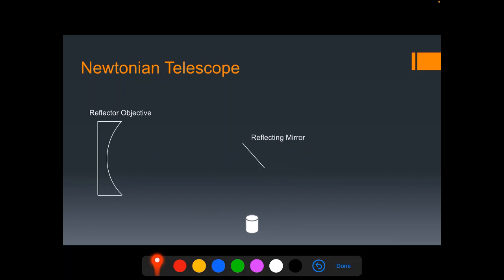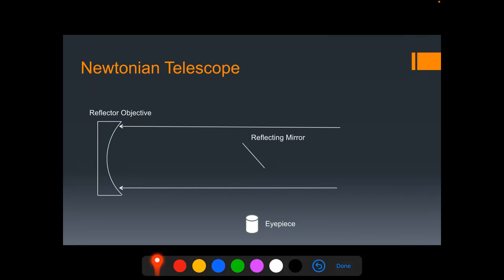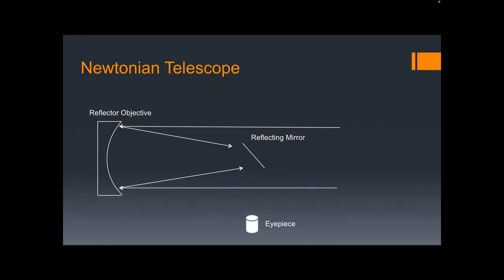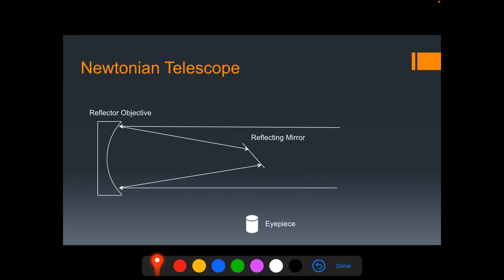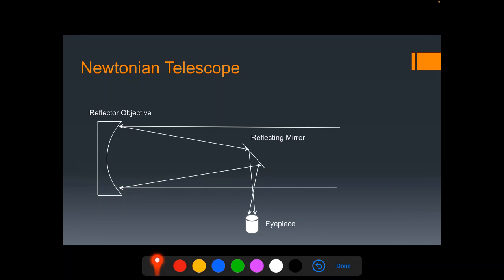So when light rays come from the distant object, they are incident on the reflector objective, reflected, and incident on the reflecting mirror. From that the light rays are reflected again to the eyepiece, and from here an observer can observe the formation of the image, or the object being observed through this telescope.